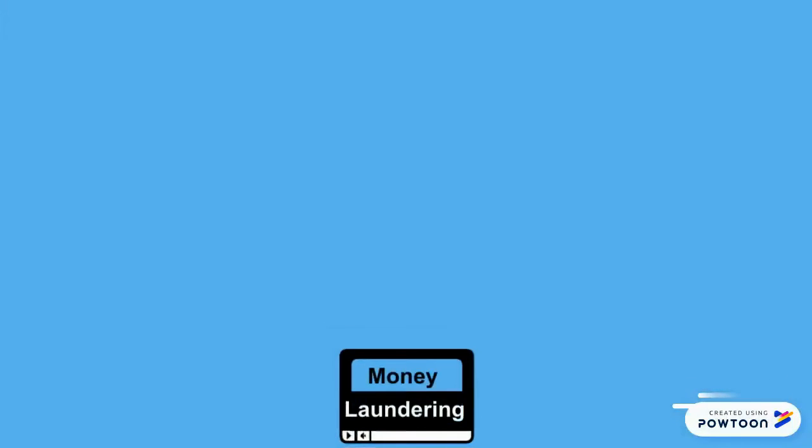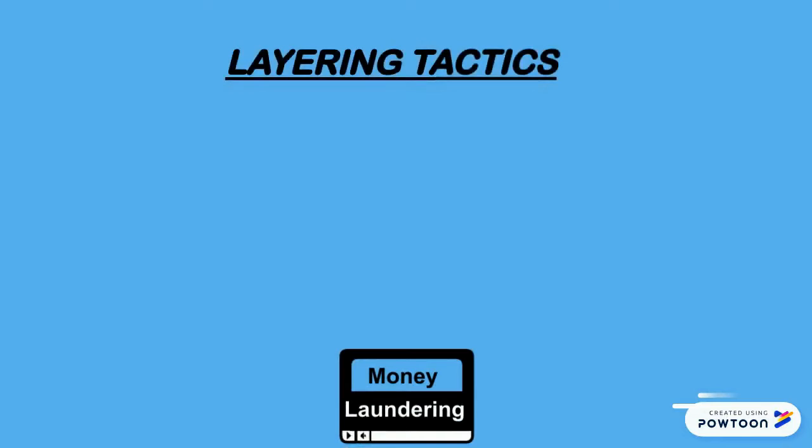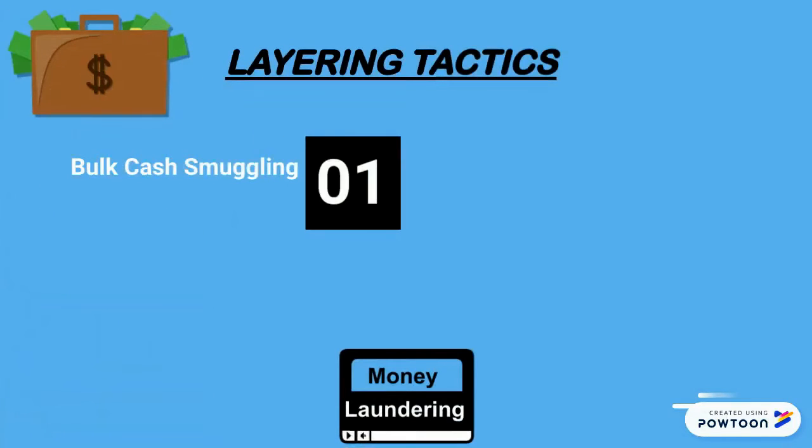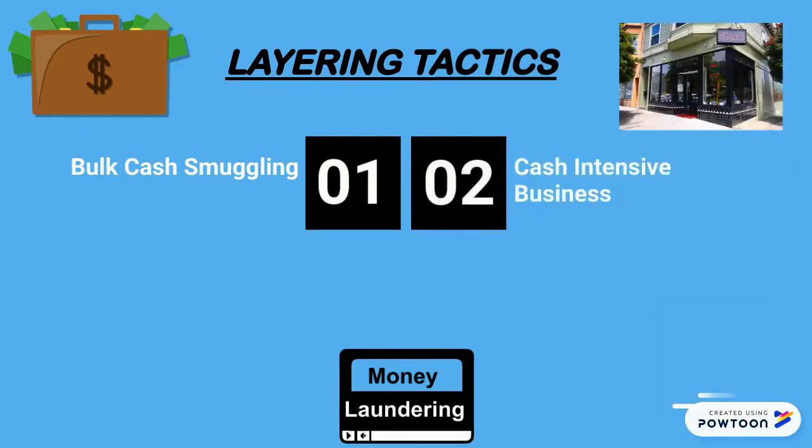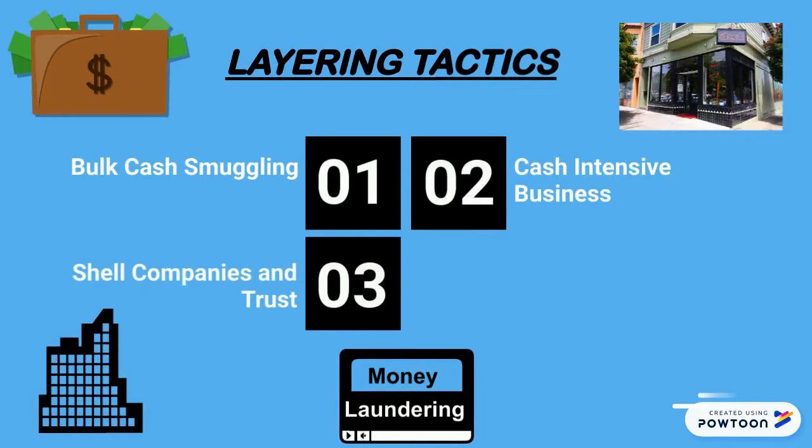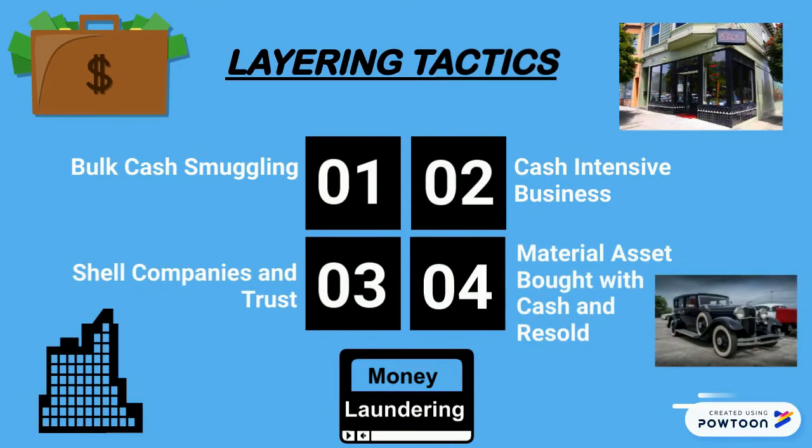These are the common layering tactics. First is bulk cash smuggling. Second is cash-intensive business. Third is shell companies and trusts. Fourth is material assets bought with cash and resold.